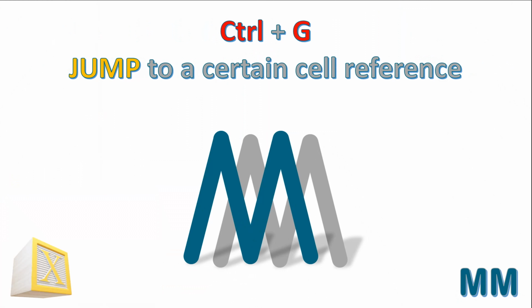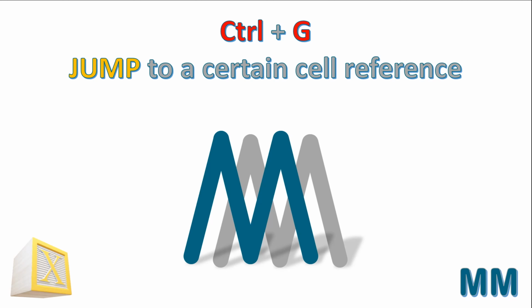If you want to jump into a specific cell reference, you can press on Control G, which will allow you to simply type your cell reference. Let me give you an example about this. I'm at cell column M, row 1001.